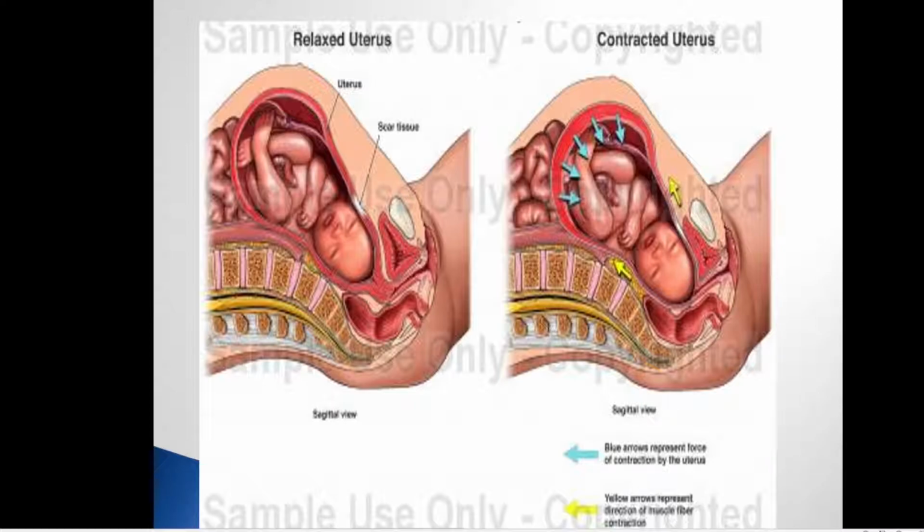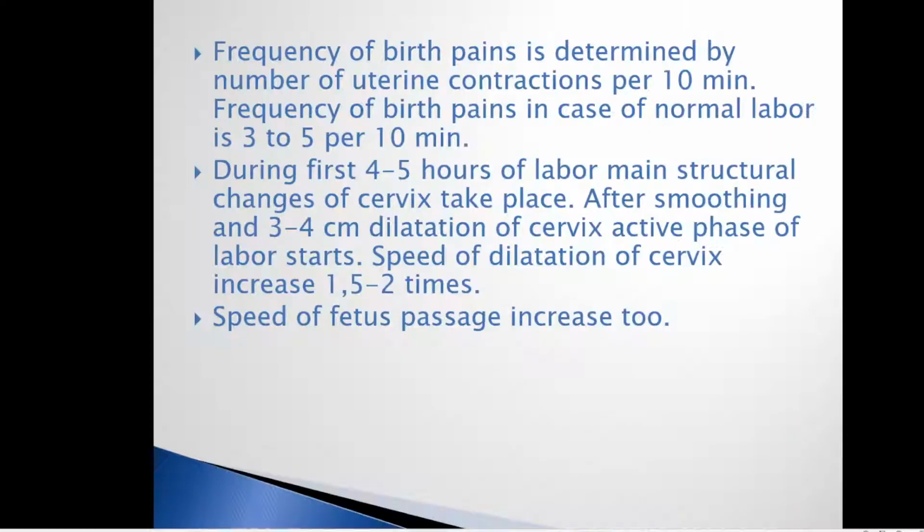Cervix never dilates if normal uterine contractions are absent. Frequency of birth pains is determined by number of uterine contractions per 10 minutes. Frequency of birth pains in case of normal labor is 3 to 5 per 10 minutes.